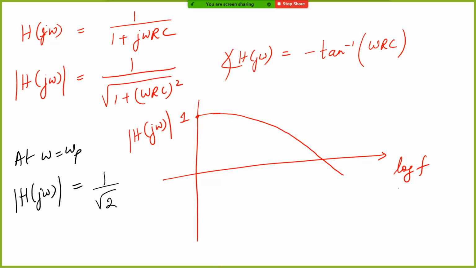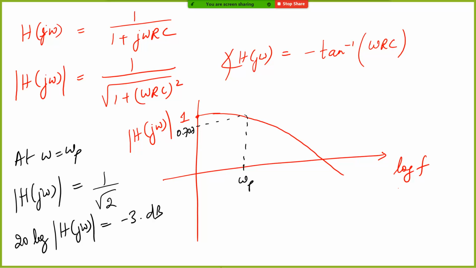Okay. So if you take the logarithm of this, in other words, 20 times log of H of j omega, what will you get? Minus 3, minus 3 point some dB. Correct. So at omega equal to omega p, this becomes 1 divided by root 2, which is 0.707.